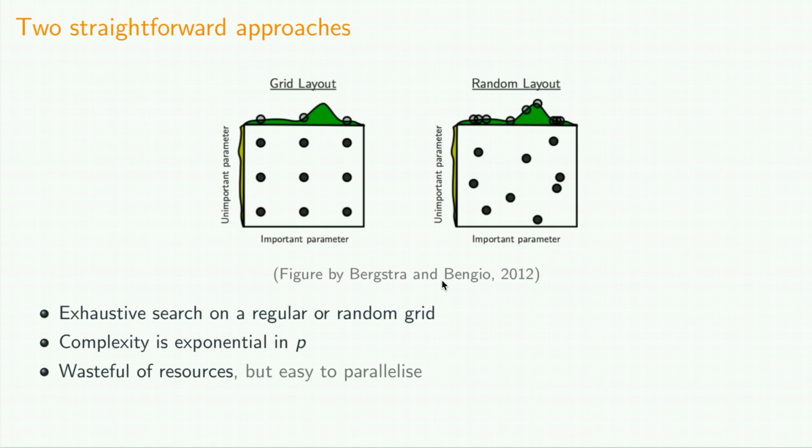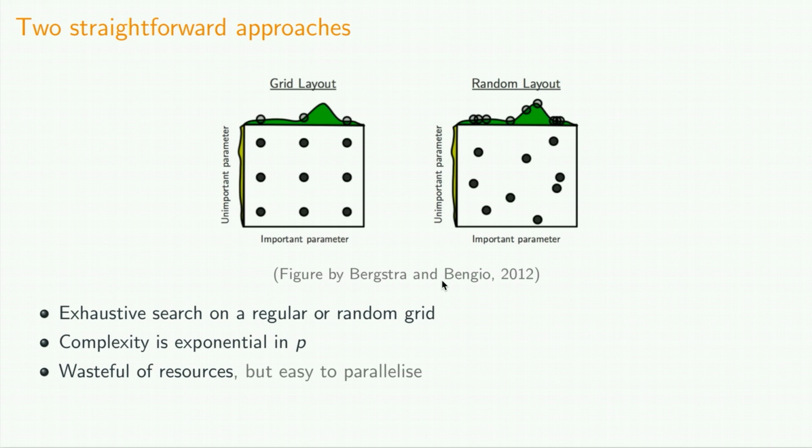The simplest one is to look at a grid search, having a regular grid of hyperparameter configurations and evaluating each one of them. The problem with that is that the complexity of this regular grid optimization is exponential in dimension, the number of hyperparameters you have to tune.